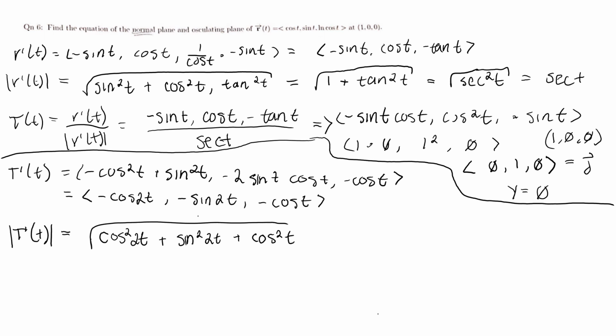We know from our identities that we can substitute cosine squared and sine squared with a 1, and that leaves us with the square root of 1 plus cosine squared t.